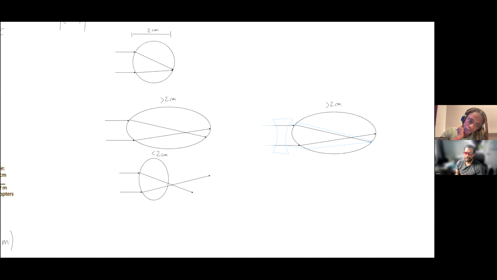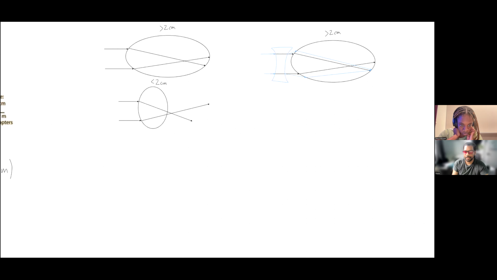Okay. And then the last part here is as people age. If you're looking at something far away and then you look at something close up, there's a muscle in your eye called the ciliary muscle, which is responsible for something called accommodation.